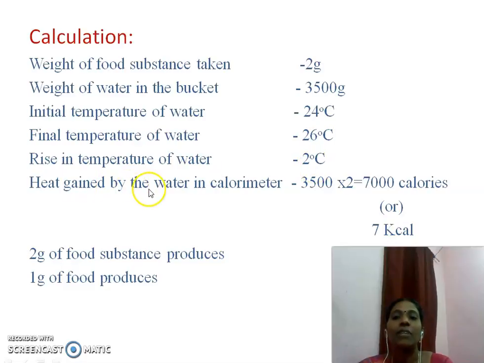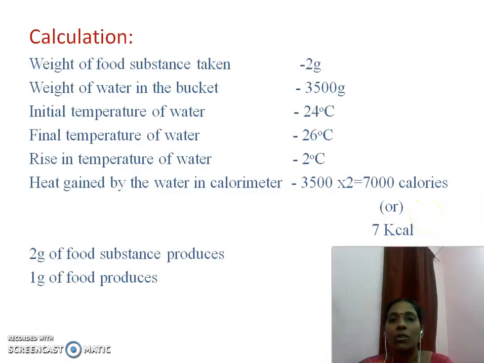Then the heat gained by the water in the calorimeter is calculated as the weight of the water in the bucket into the rise in the temperature of the water. So this will give you 7,000 calories. The 3,500 is the water in the bucket and 2 degrees is the rise in the temperature of the water. So this will give you how many calories are present in the food. So 7,000 calories can be converted into kilocalories.